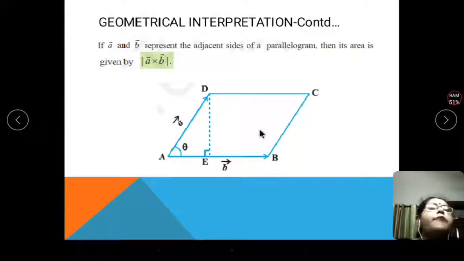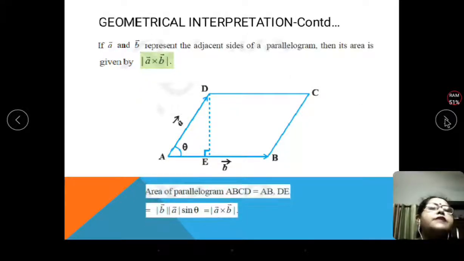So the area of the parallelogram, I think we remember, is base into altitude. So just as before, AB multiplied with DE, the base in this case is B, and the altitude is once again mod A sine theta. So finally it's mod B mod A sine theta, which is nothing but the modulus of A cross B.